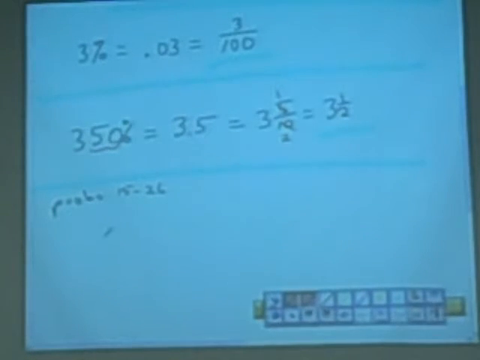Such as 12.5%. Okay, and at this point, what we could do here is change this to an improper fraction.